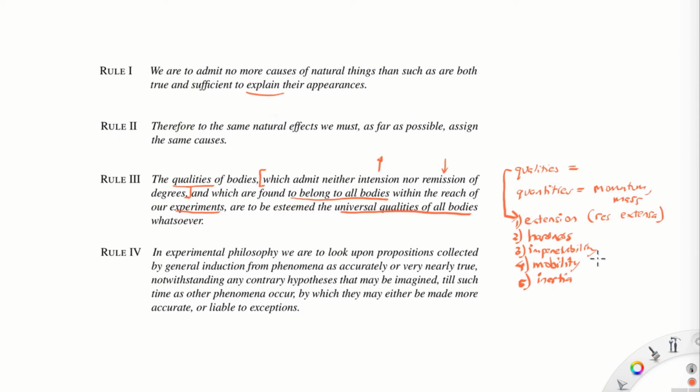For example, if you have a clump of dough, that might be comprised of very, very tiny pieces of dough all put together. But even though maybe you're not looking at the tiniest piece of dough, we can assume by this generalization we just mentioned that all those little parts of them also have these, at least these 5 general universal qualities. And he says this is the basis of all of his natural philosophy.